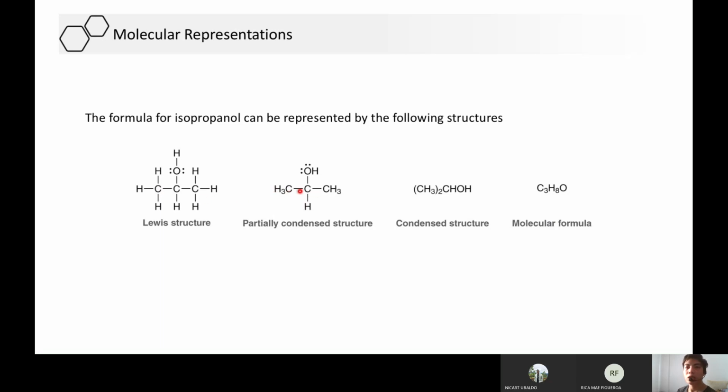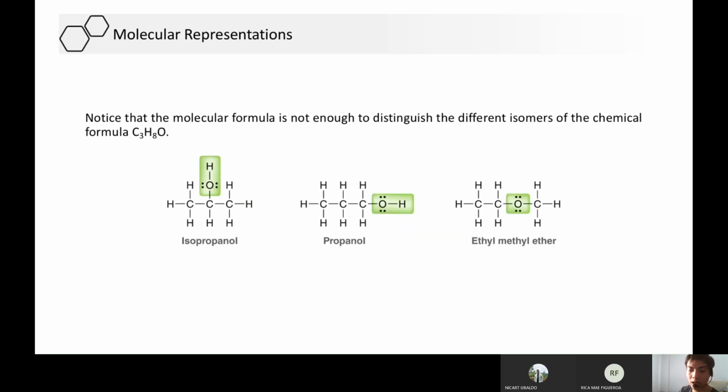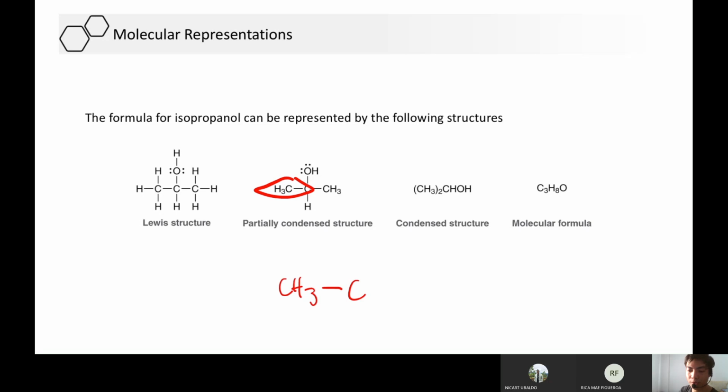There's actually no difference, but we have to preserve the octet rule, in the sense that it can't be CH3, then a line, then C. If we write it that way, the intuition is that the hydrogen is bonded to the carbon, but that's not the case. Look, it's the carbon that is bonded to the carbon.